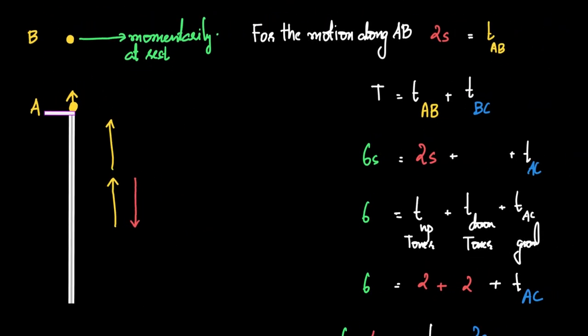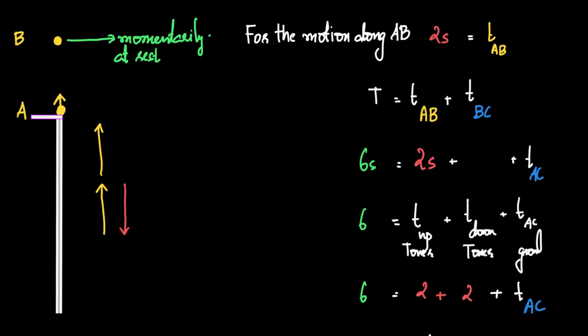Now, for the motion along AB, the time to reach B from A is 2 seconds, right? Now we know that if A to B is 2 seconds, B to A will also be equal to 2 seconds. Why?